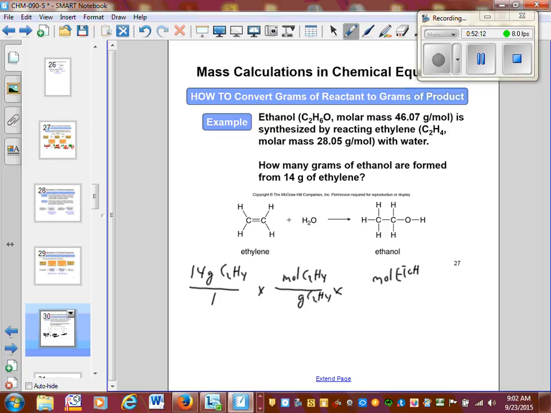What's our final stop? Grams of B, so it's grams of ethanol over moles of ethanol. If you look at this, just the units, the moles of ethanol cancel, the moles of ethylene cancel, the grams of ethylene cancel. Now let's put in the numbers.